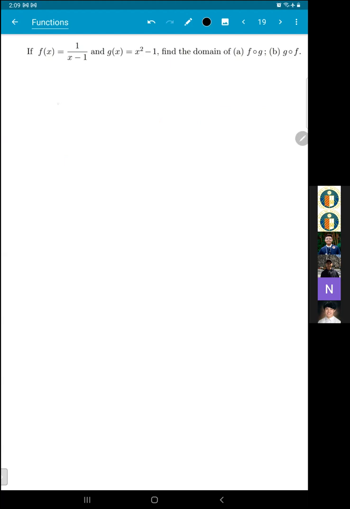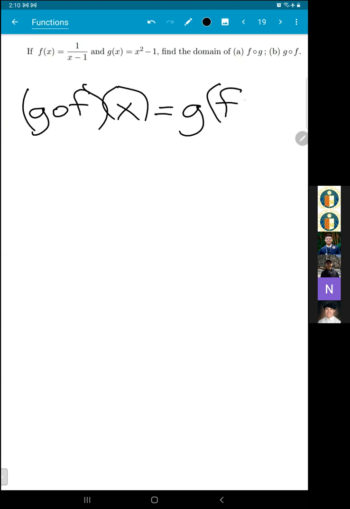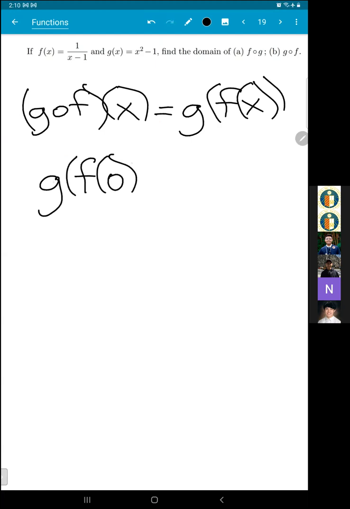So this time, for g of f, you will have to evaluate f first. You plug in x first into f, then the result you plug into g. For example, we want to evaluate g at f of 0.